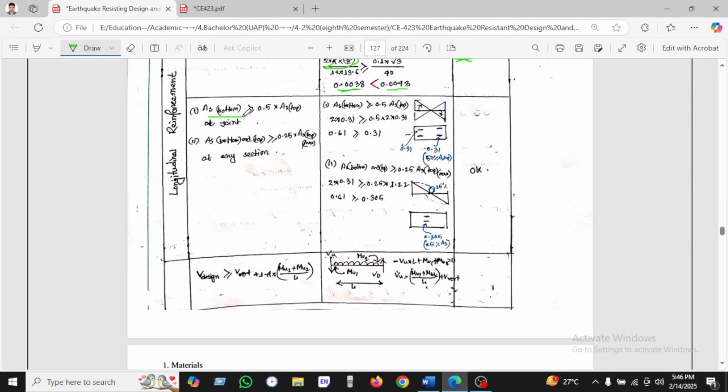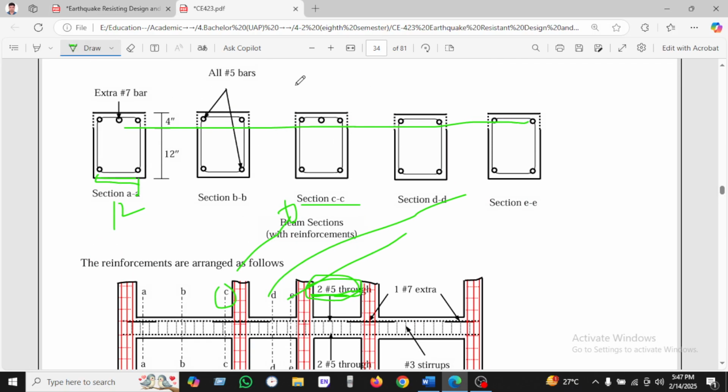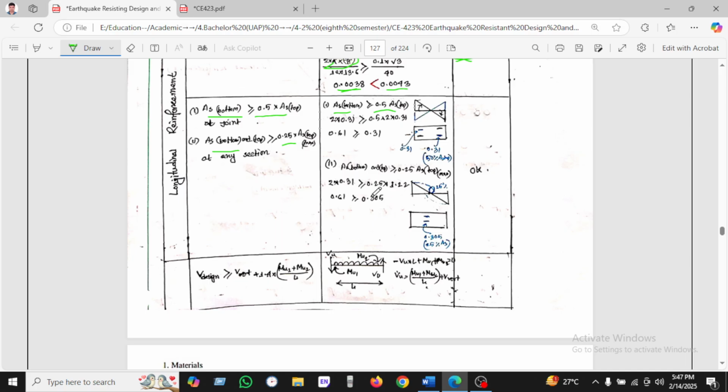Okay, As bottom at the joint should be 0.5 As top, and As bottom and top 0.25 As top max. So we have seen As bottom is greater than 0.5 As top, and as we have seen As top is all greater than 0.5 As top.